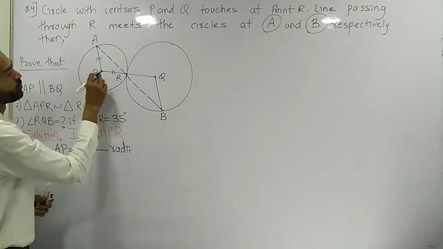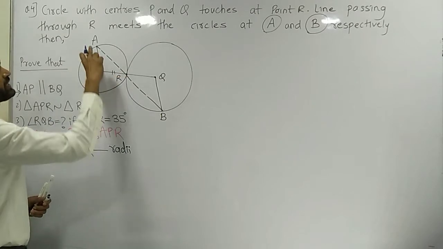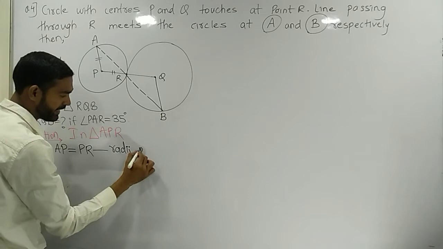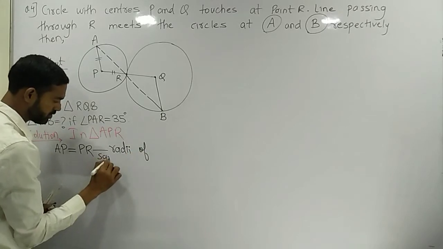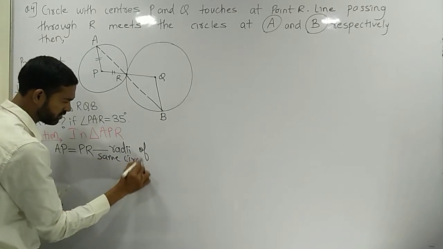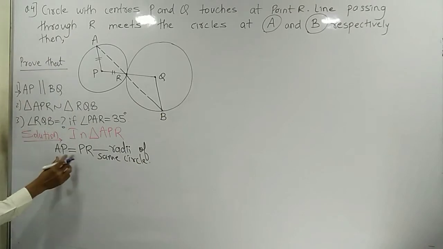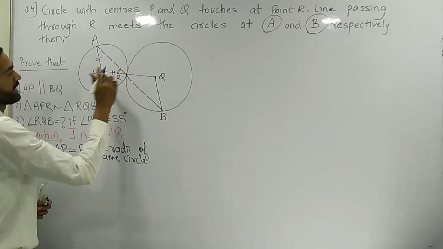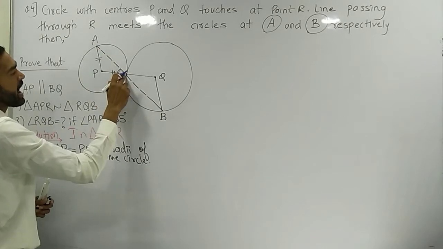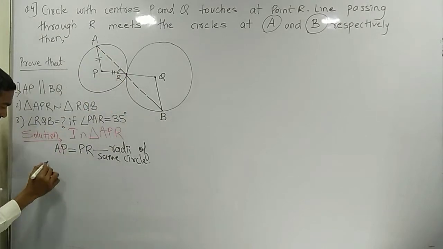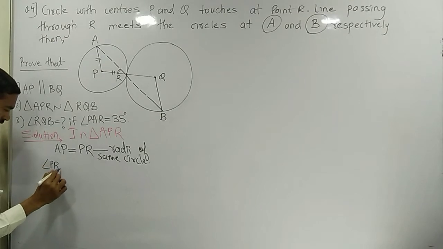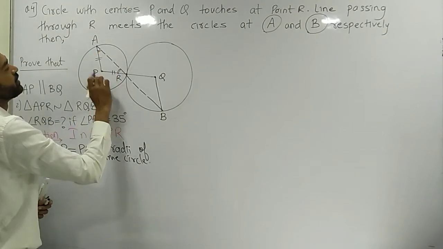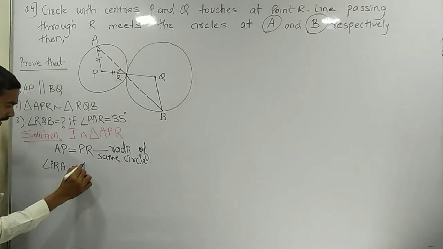PR is a radius, and PA is also a radius of the same circle. So we write, radii of the same circle. Since two sides are equal, their opposite angles are equal: angle ARP, or PRA, is equal to angle PAR, or RAP.